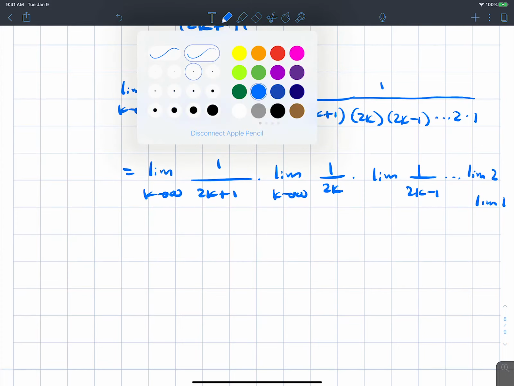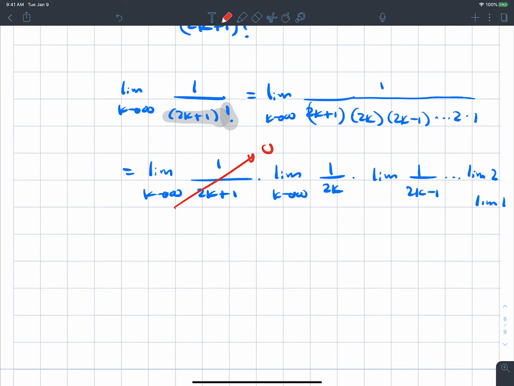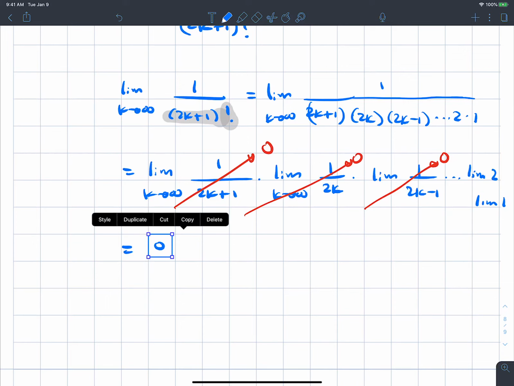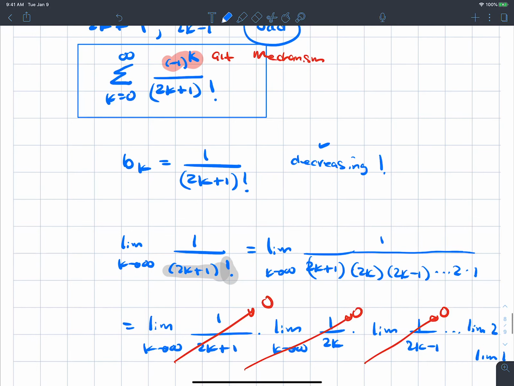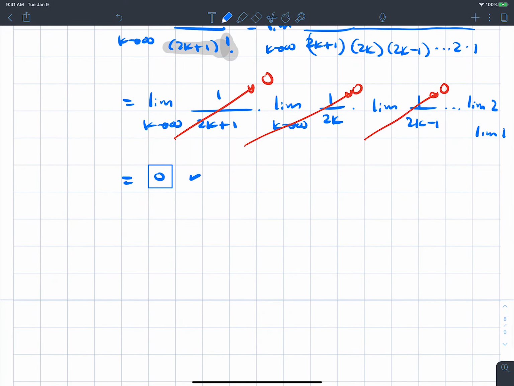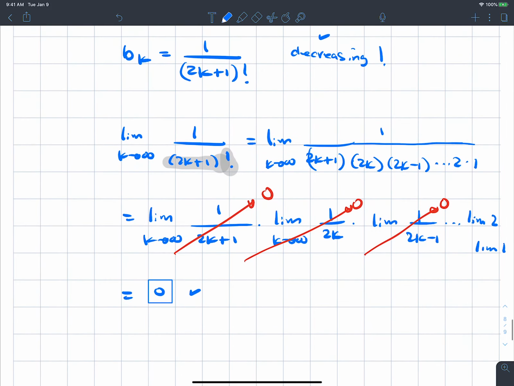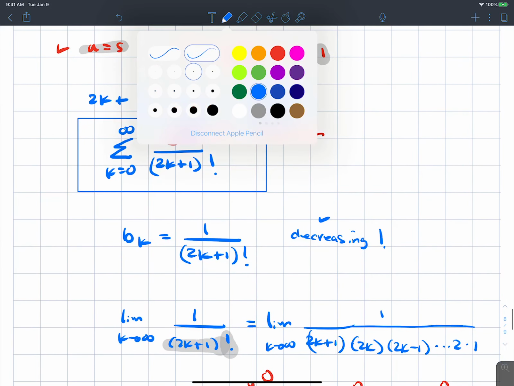Here's my point. These are going to 0. So this limit equals 0, since all those products go to 0. And that's true for all k. So we know that this is decreasing and that the limit here is 0. And so here's what this really means.